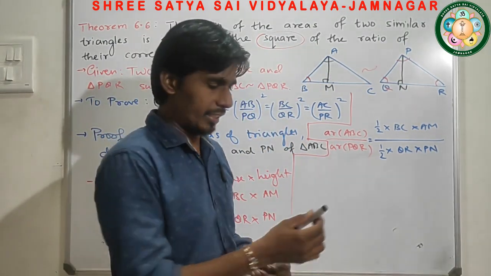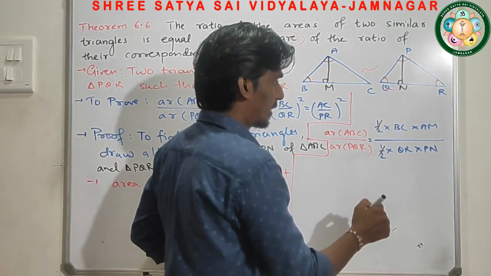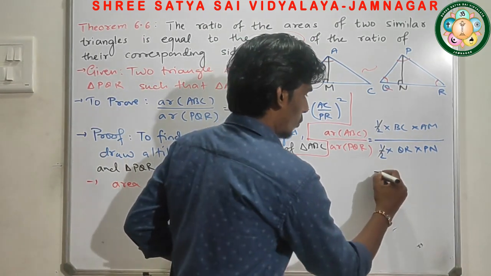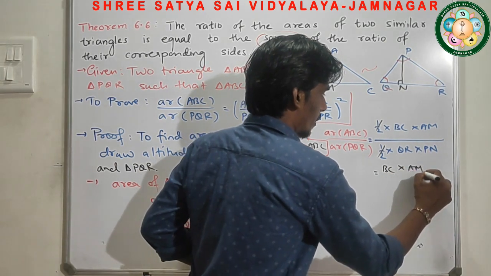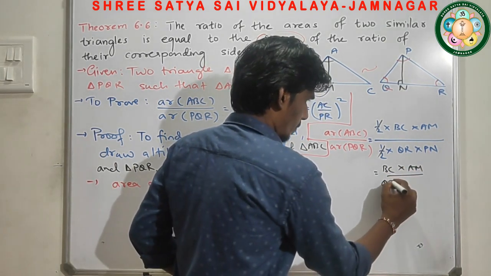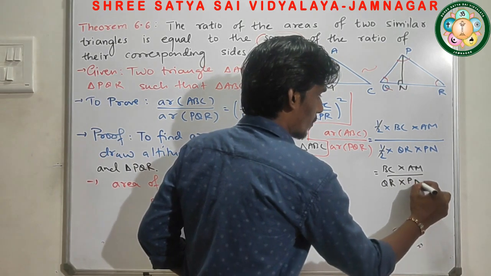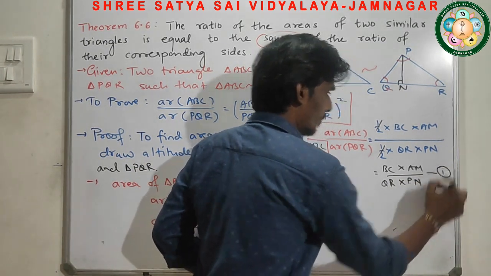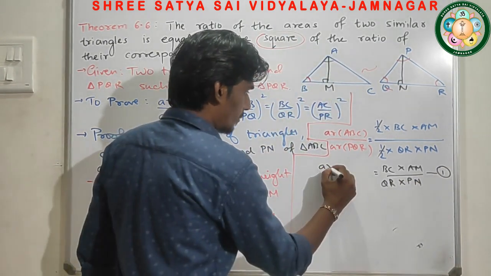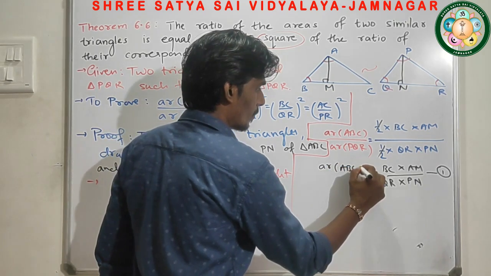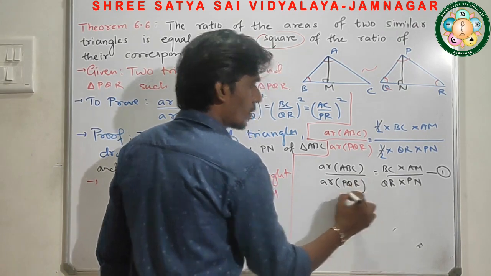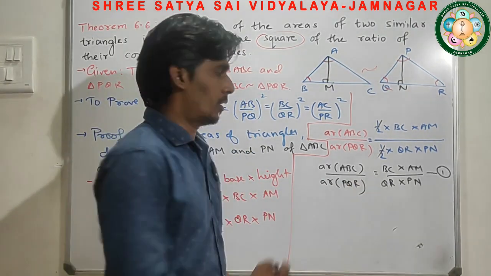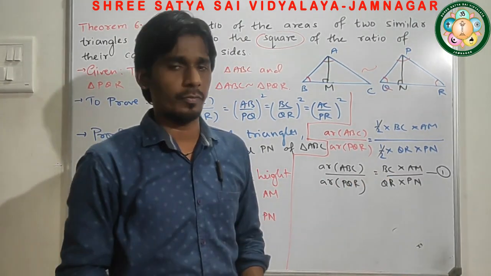So can we cancel anything here? Yeah, definitely. Half gets cancelled. So what is the remaining part here? It's BC into AM upon QR into PN. Say this is equation 1, ABC upon PQR. So up to this is the first part of the theorem.